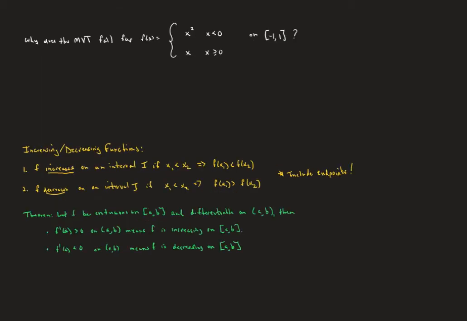Why does the mean value theorem fail to work for f of x equals this piecewise function on the interval from -1 to 1? Well, let's see. What we need to see is, is this continuous and differentiable? To be continuous, we need the left-hand limit to equal the right-hand limit to equal f of 0.